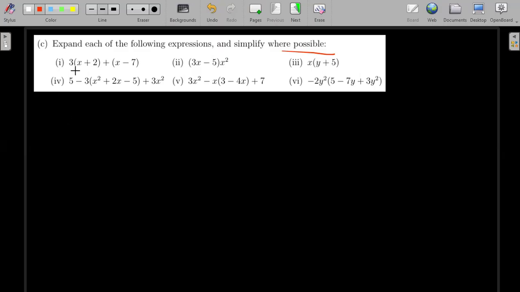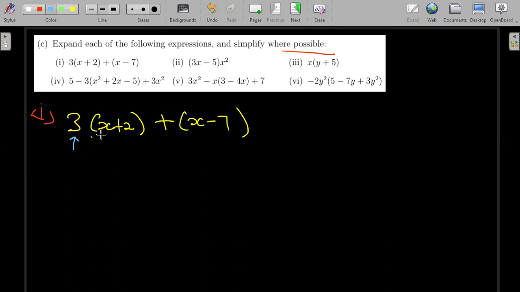So we'll start with the first one, which is number 1. Here they have 3(x + 2) + (x - 7). Let's expand. We take this 3, which is outside, and distribute it to this x and to this 2.